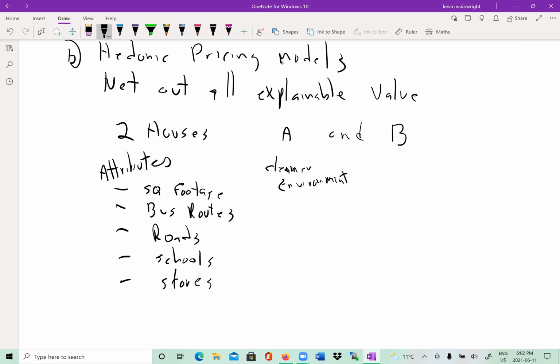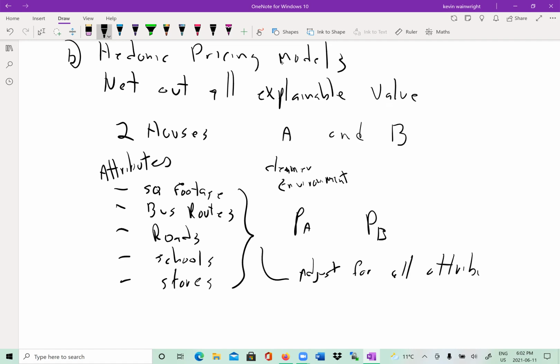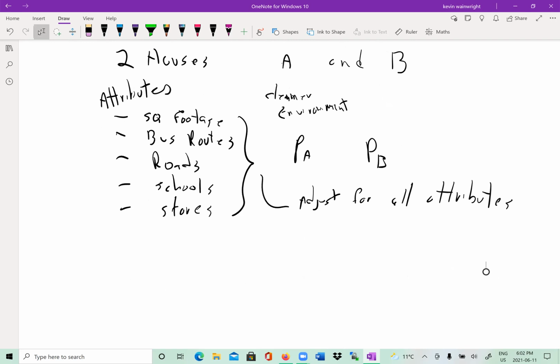So we get the price of house A and we have the price of house B. Okay. So we adjust for all the attributes until we can explain the value of each house based on square footage, bus routes, roads, schools, and stores. Okay.